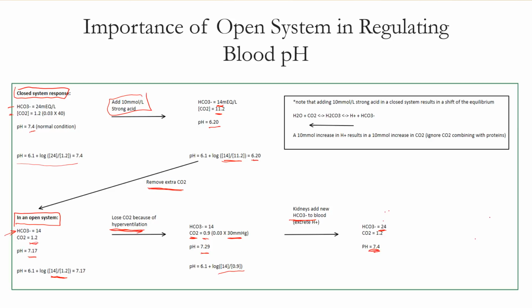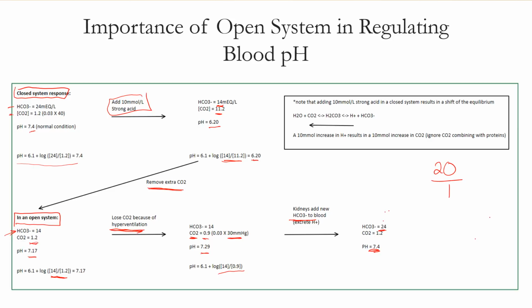So this is demonstrating the role the lungs play in getting rid of excess CO2 and then being stimulated to hyperventilate to help maintain that ratio. Because I talked on the previous slide about trying to maintain a ratio of 20:1 of base to acid in our formula.